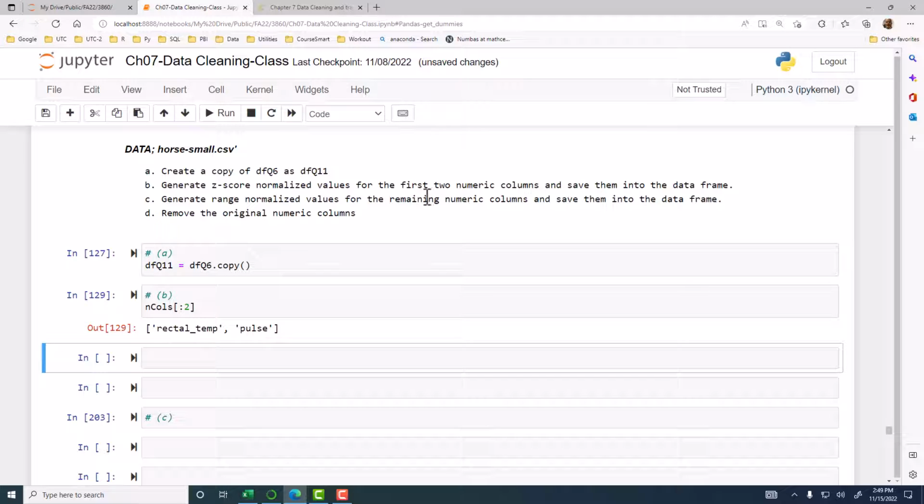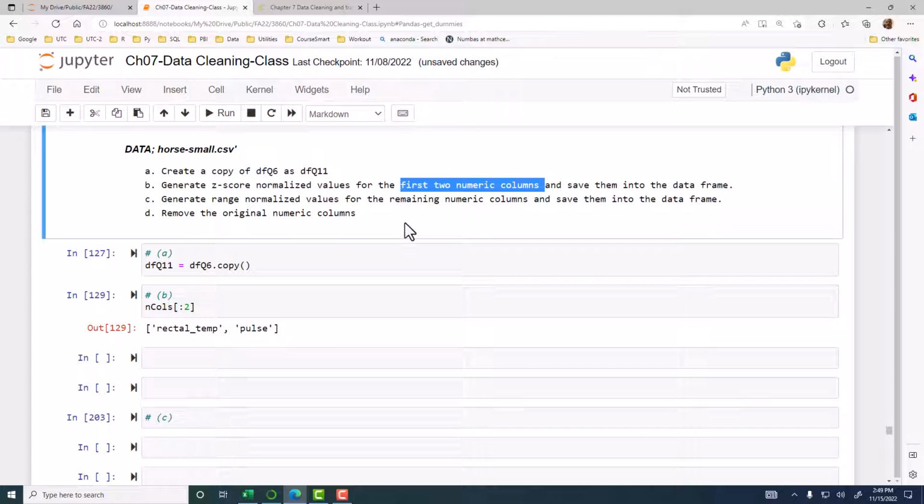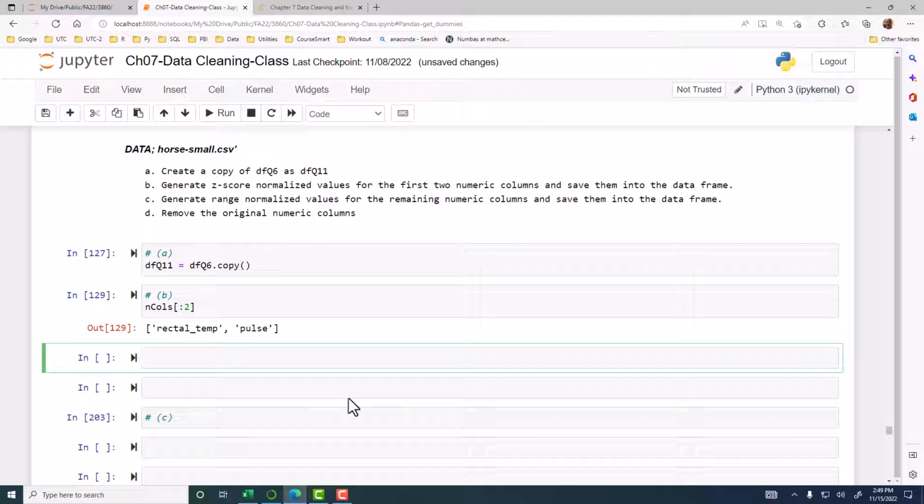Okay, so for the first 2 numeric columns, you want the normalized values. So let's first set up the code for just normalizing. So that will be like DFQ11, right, and we want only for the first two. So we say ncols.